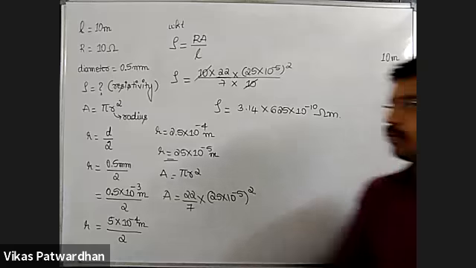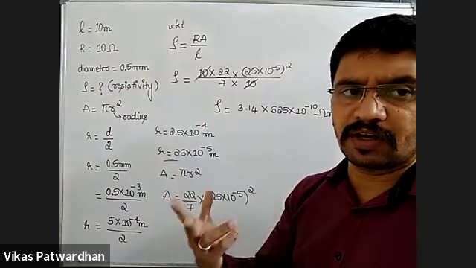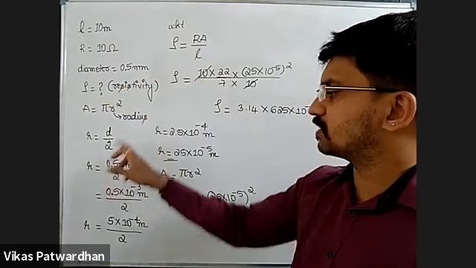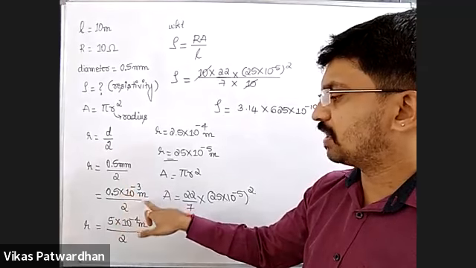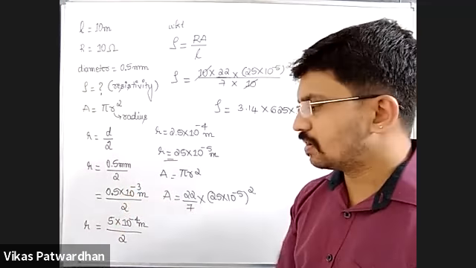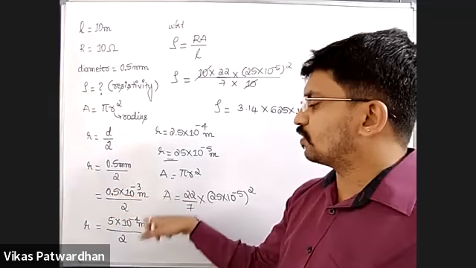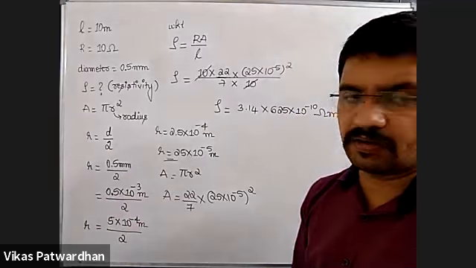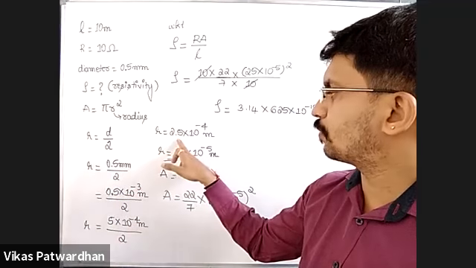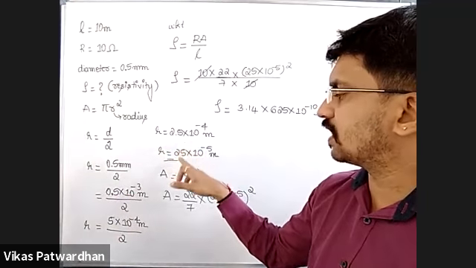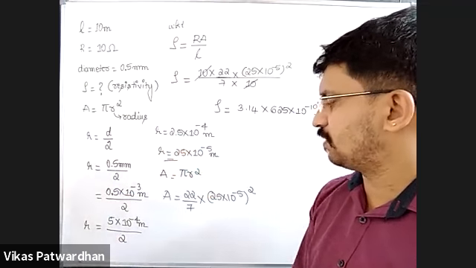Millimeter to be converted to meter. Milli value is 10 power of -3. So 0.5 millimeter is 5 into 10 to the power of -4 meter. Radius is half of that, 2.5, written as 25 into 10 power of -5 meter.